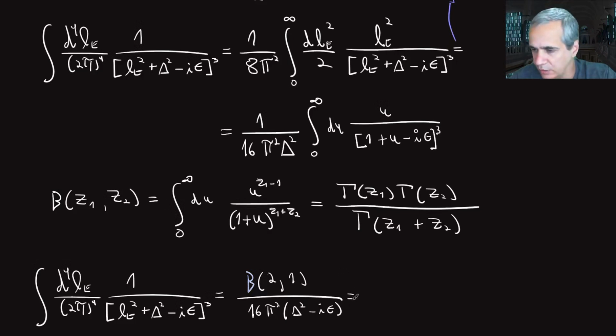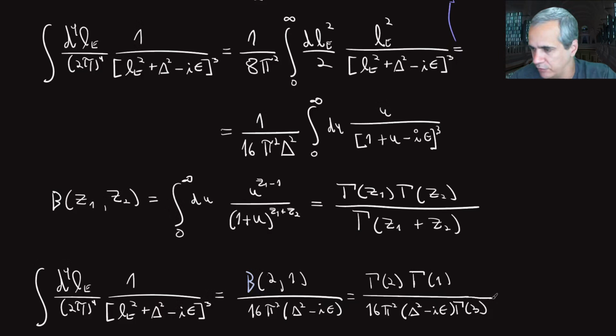And this I can rewrite as gamma 2, gamma 1 over 16 pi squared delta squared minus i epsilon, gamma 3, using this again. z1 is 2, z2 is 1 in my case.